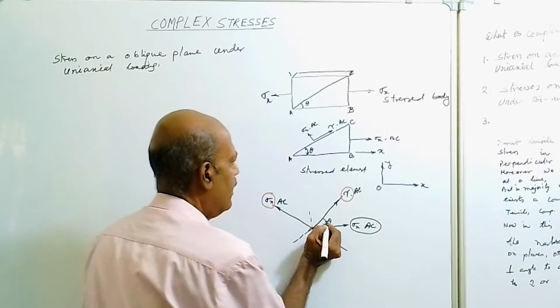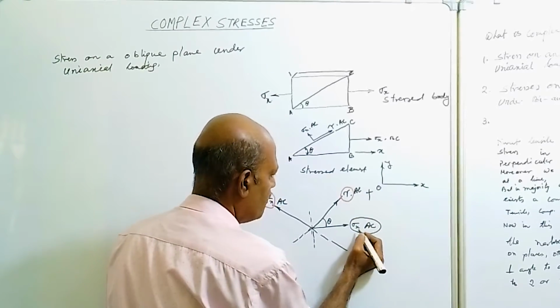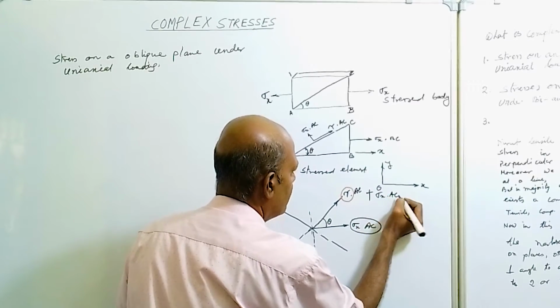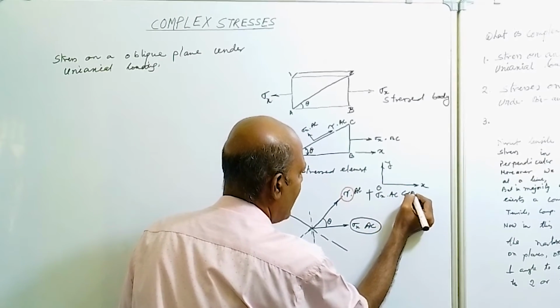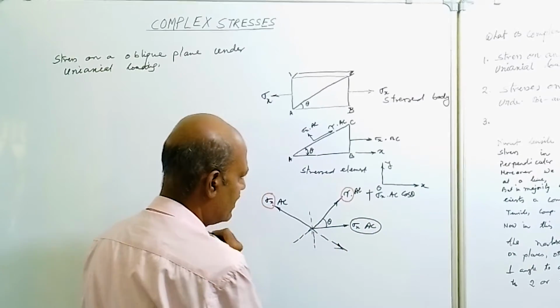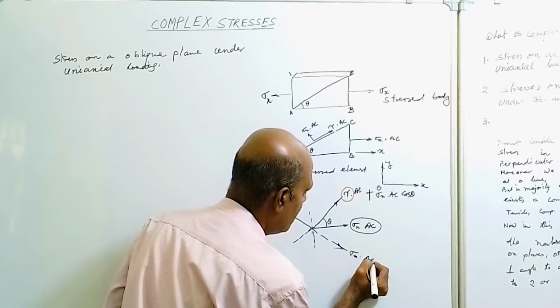So, theta is here. We can write the component of sigma x into AC as sigma x into AC cos theta, and the force perpendicular to this direction is sigma x into AC into sin theta.